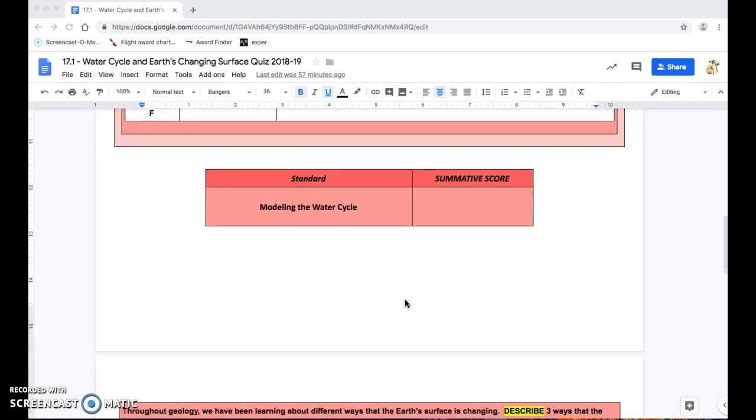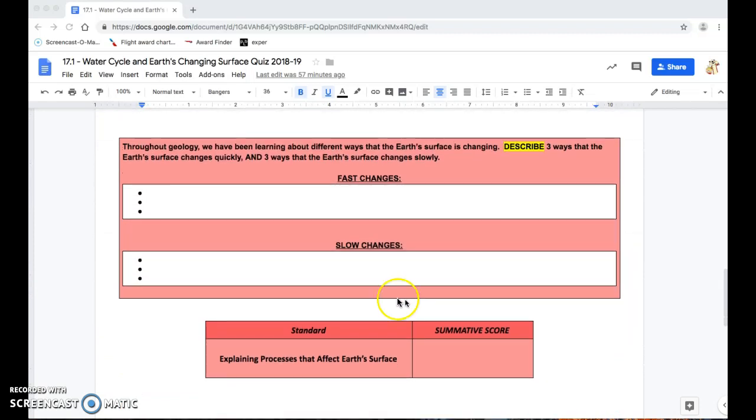Finally, the second question down below, you're telling me 3 ways that the Earth's surface changes quickly and 3 ways that it changes slowly. But it also says describe. So don't just say giant iguanas change the Earth's surface.